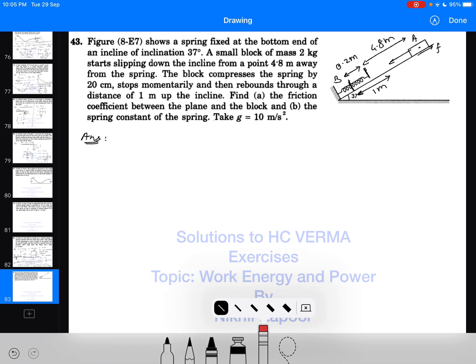Now these are the forces, but I will not show these forces here right now because this whole numerical depends on how you take the distances. So let the final point be C. In order to find the coefficient of friction, we will apply the work energy theorem between point A and C, because this is the initial position and this is the final position.